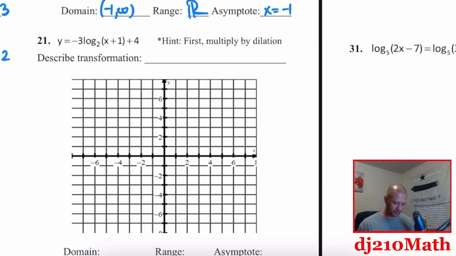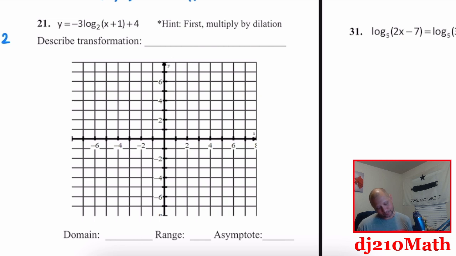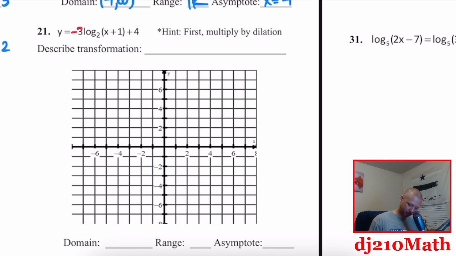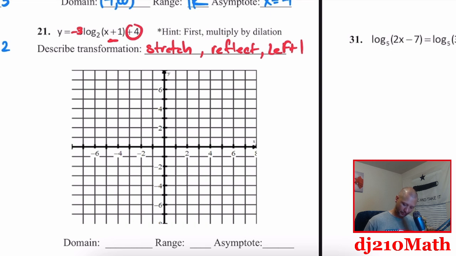21, the last graphing one. Okay. This is going to be a reflection and a stretch by a factor of 3. So stretch, reflect, left 1, up 4.